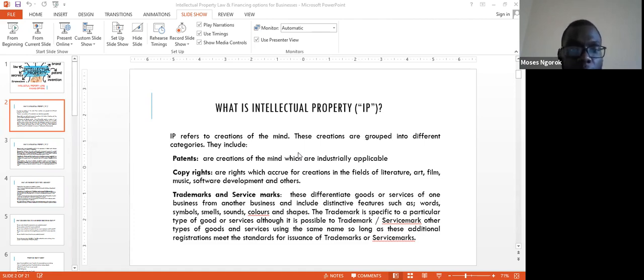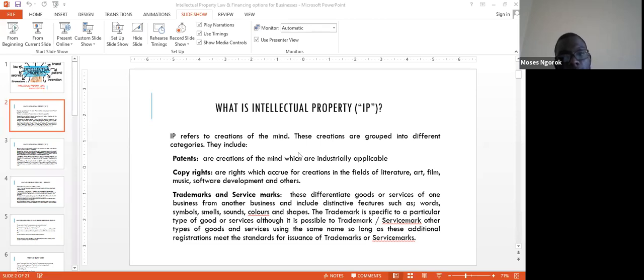Then we have trademarks and service marks. A trademark is a logo, a sign, or a representation which differentiates the goods or services of one business from the goods and services of another. When we say trademark, we refer to goods.